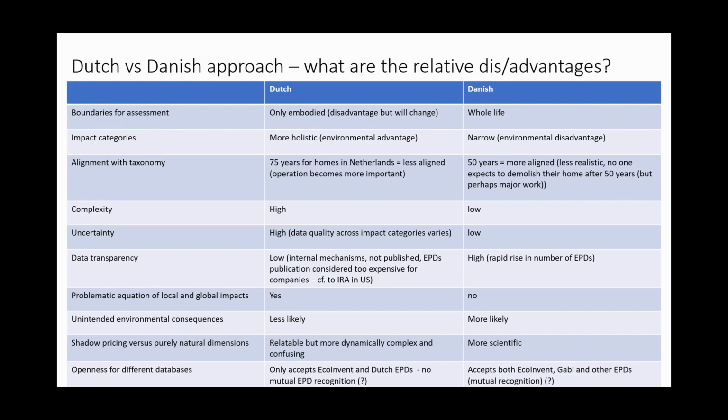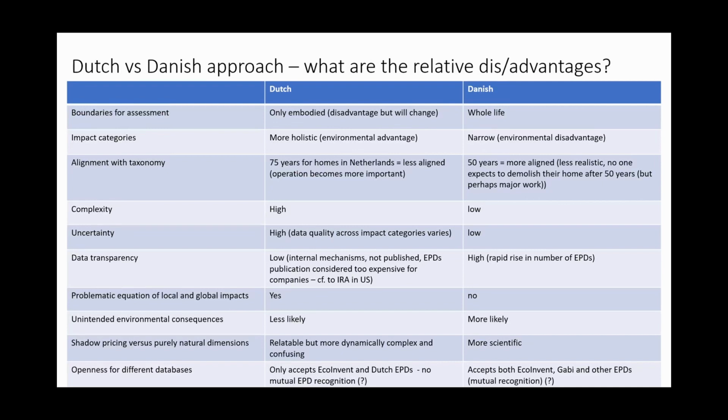And because you take more environmental impact categories into account in the Dutch approach, sorry, then you have less of a problem of potentially unintended environmental consequences. And this was kind of difficult to put into a rubric. So there was this idea of shadow pricing, which you have with this conversion into euro in the Dutch approach, and what I call purely natural dimensions, so square meters and years, and so on.